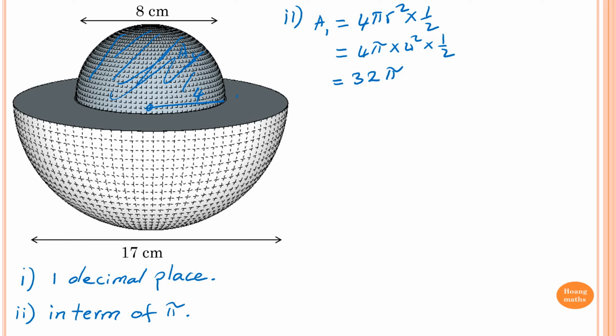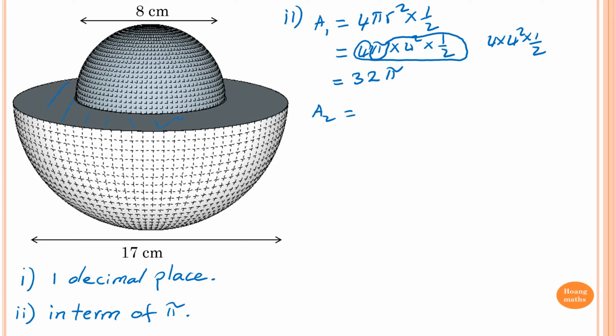Otherwise, you can just use your calculator. 4 times 4 squared times half, which gives me 32, and then 32 pi. Then A2 is the area of the annulus, the larger circle minus the smaller circle.